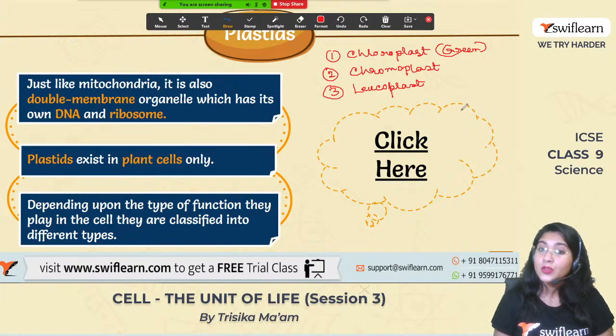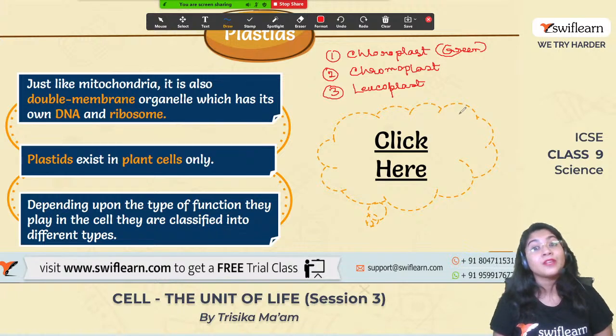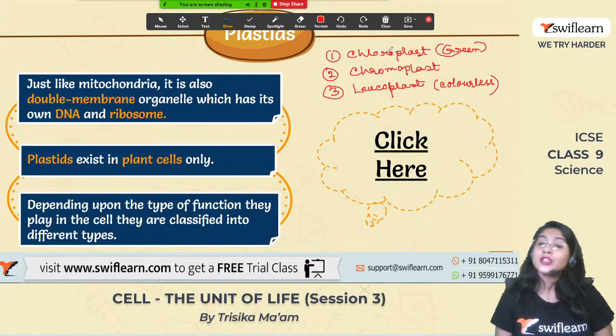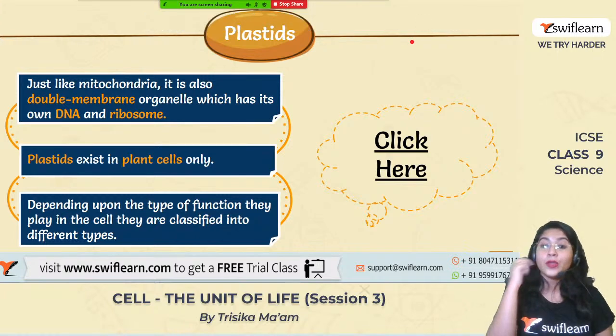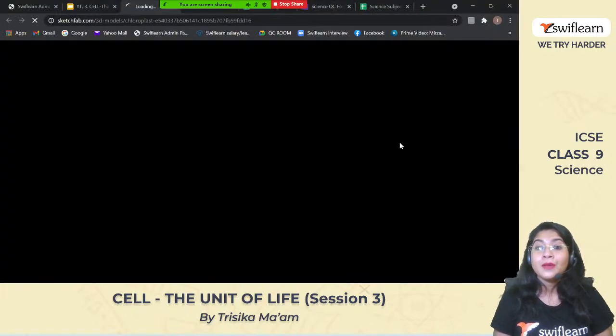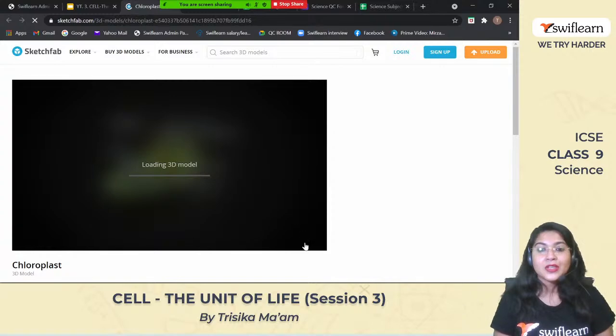And what about the leucoplast? They help to store the various types of food. And these are mainly colorless plastids. Fine. So we will study the different types of plastid. Before going to the different types of plastid, let us find out the structure of plastid in detail. Can you see this one?